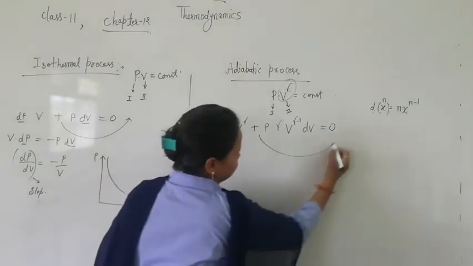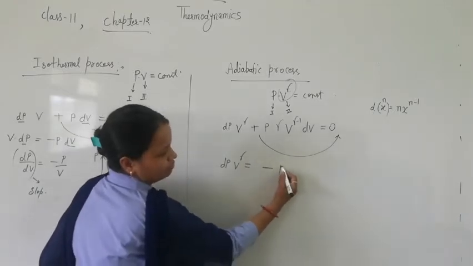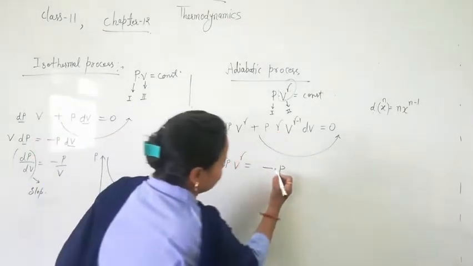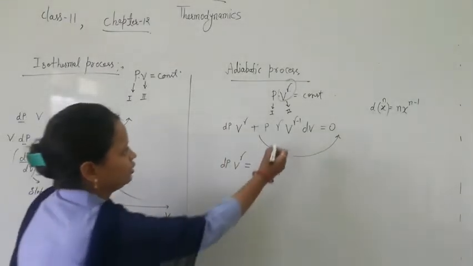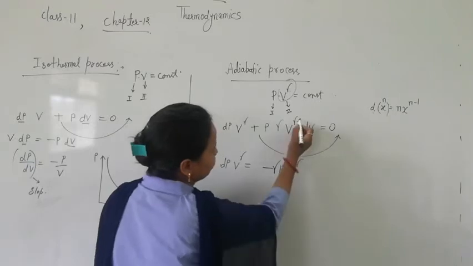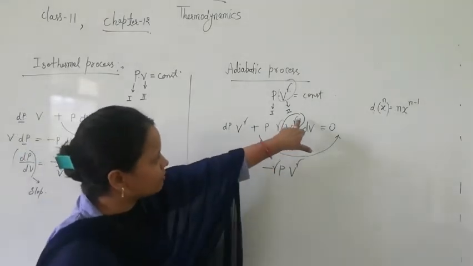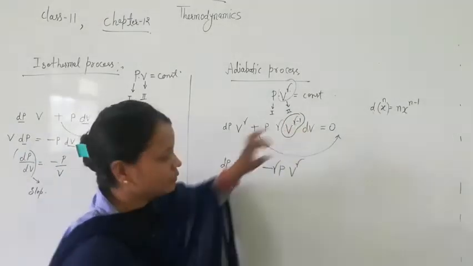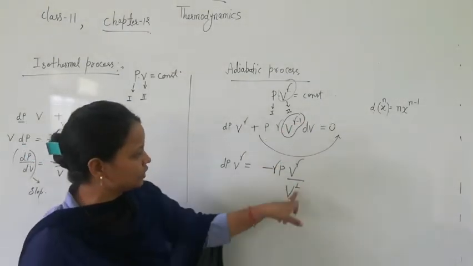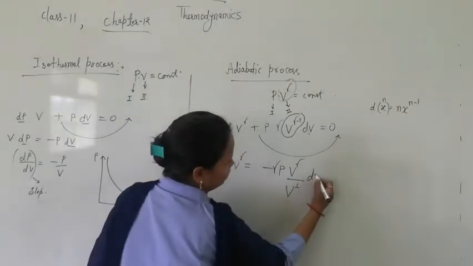Then we set dP V raised to the power gamma equal to minus P, gamma, which is a constant power term, multiplied by V raised to the power gamma minus 1. We can separate this power into two parts, V to the power gamma and V to the power minus 1, times dV.